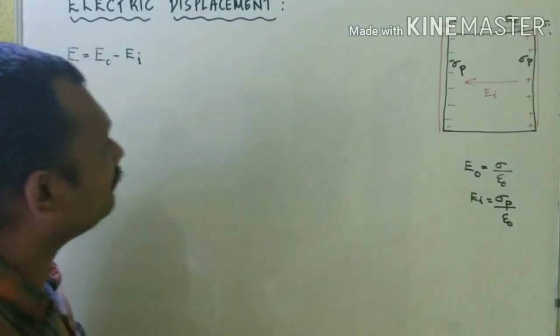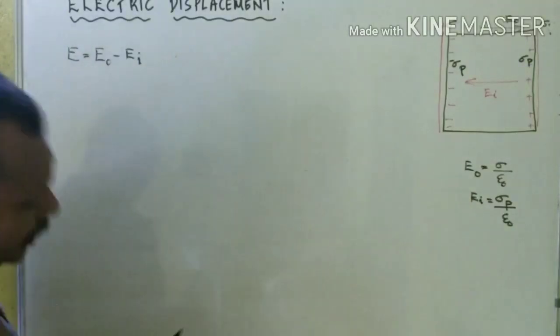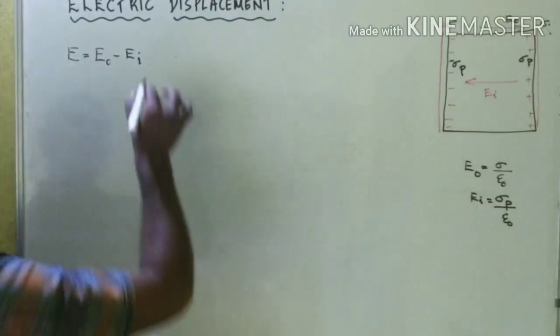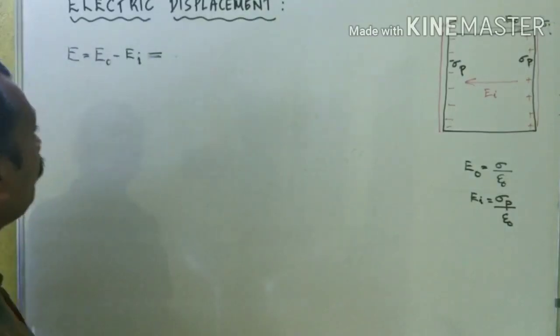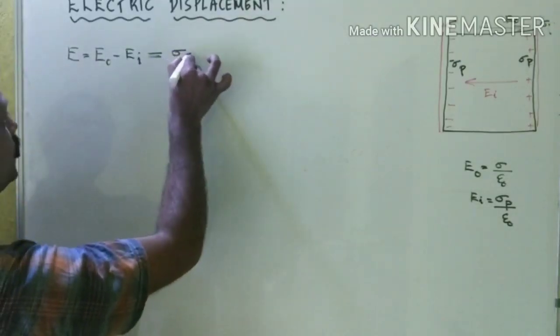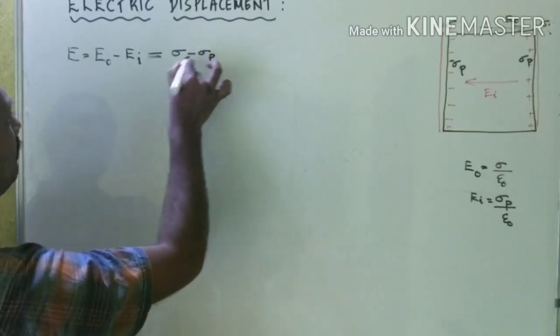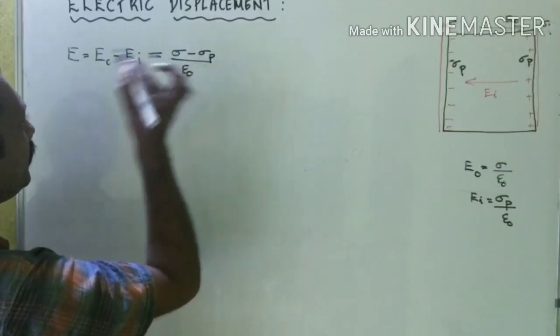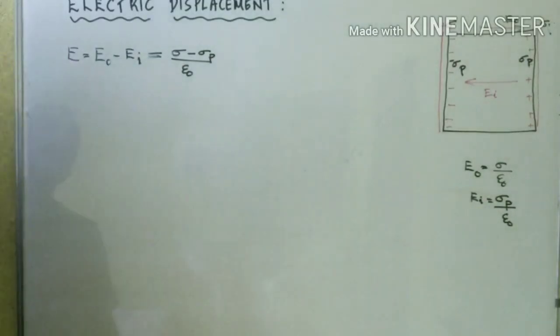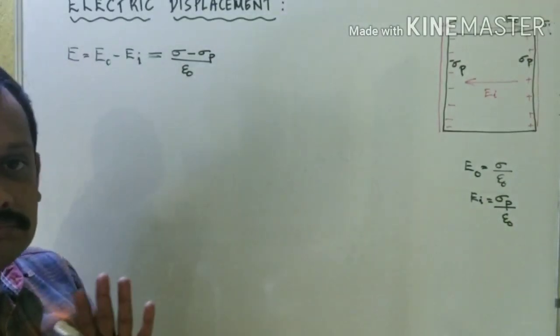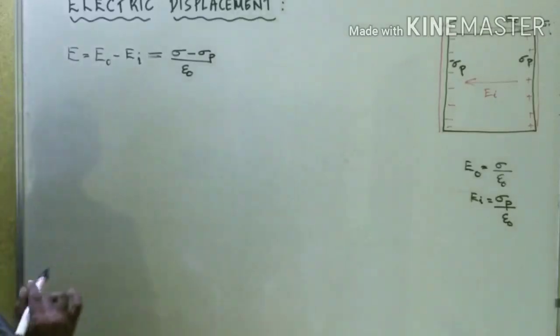E0 minus EI. Now the magnitude of E0 is equal to sigma by epsilon 0 minus sigma p divided by epsilon 0, which may be written like this: sigma minus sigma p divided by epsilon 0. Is it okay? Right.